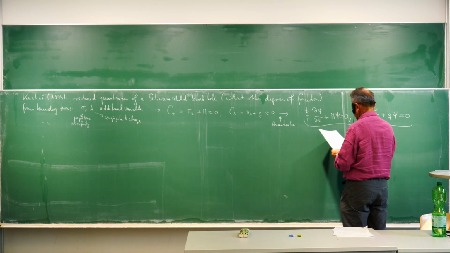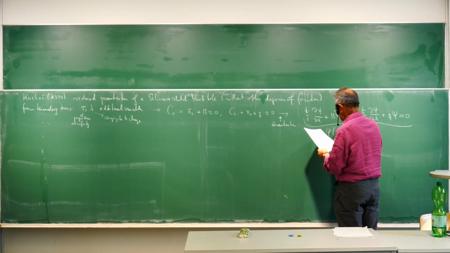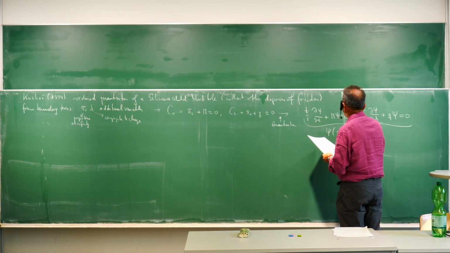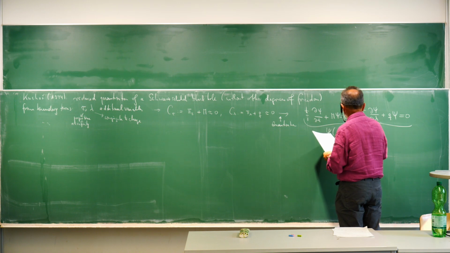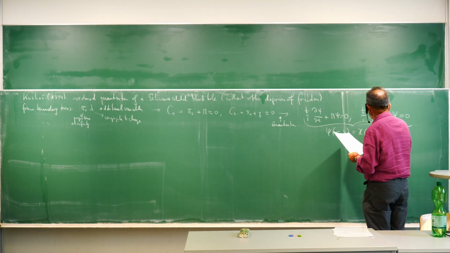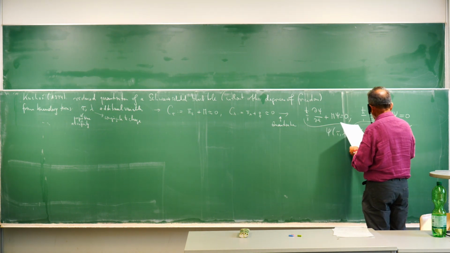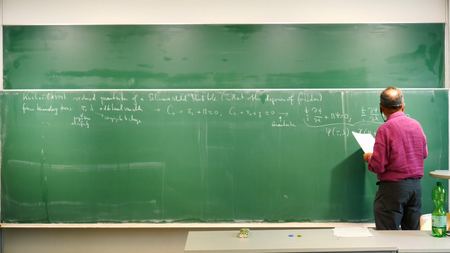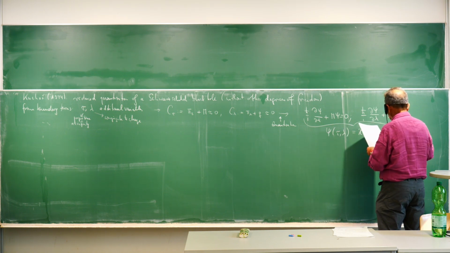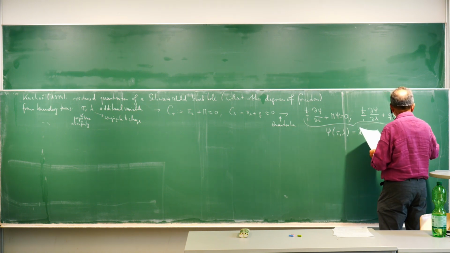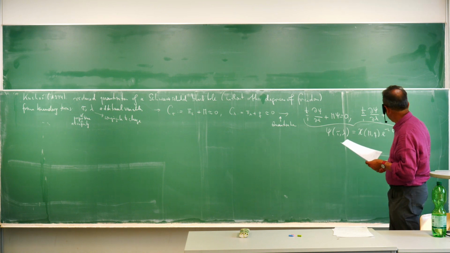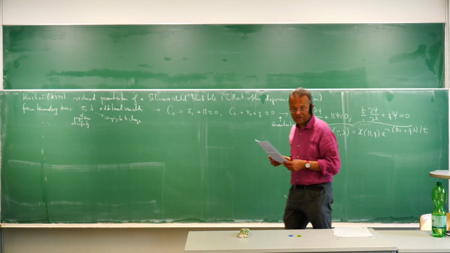And you have then the wave function, which depends on tau and lambda only, is then some function of m and q, and then you have e to the minus i (m tau plus q lambda) over h bar. So a plane wave type of solution.